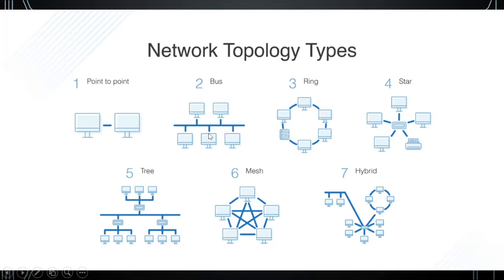It can use just straight-through cable. And we have here the ring, so it forms a ring, and the star. Usually, stars are used in computer or internet cafes. They are using a hub or router. And the tree topology is more than a hub.